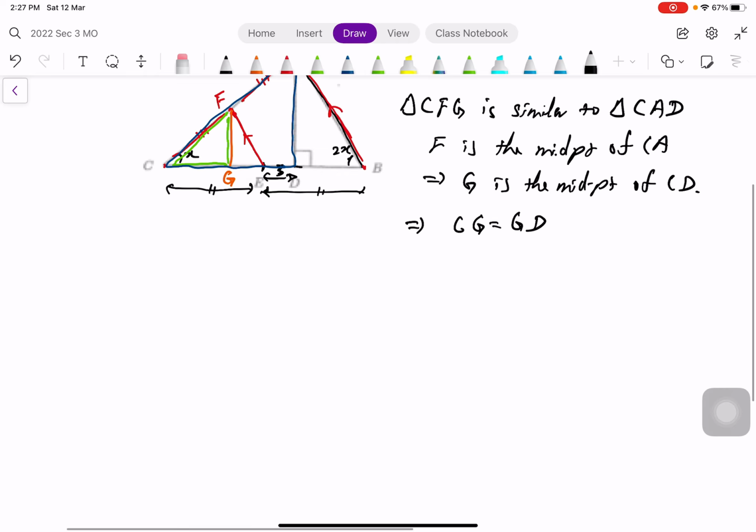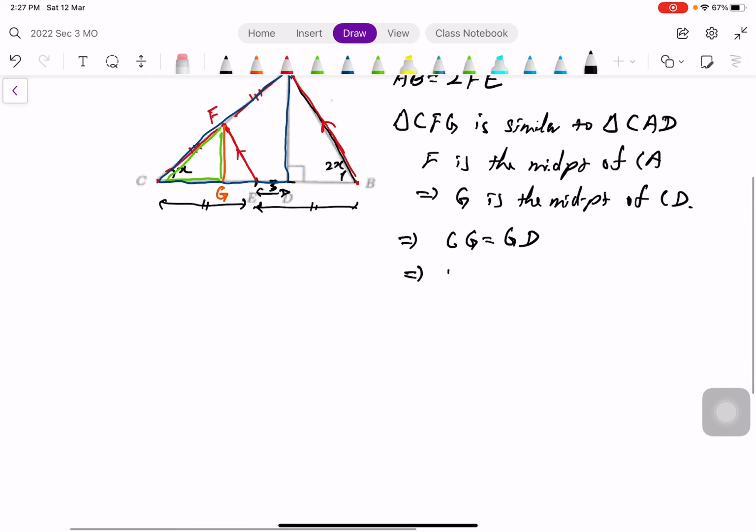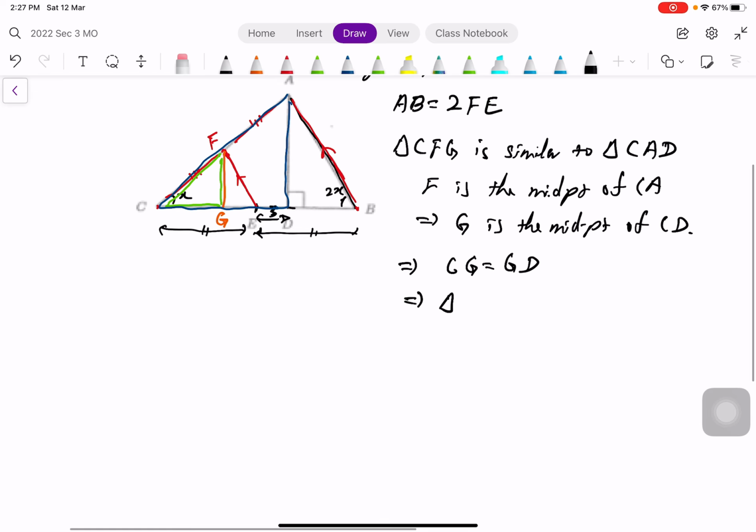And also this implies that triangle CFD is an isosceles triangle. That means in this case, let me join this part here. Can you see that this distance is actually this distance, isosceles triangle. And when it's isosceles triangle, it also means that this angle is actually x. Because this is x, therefore this part must be x.